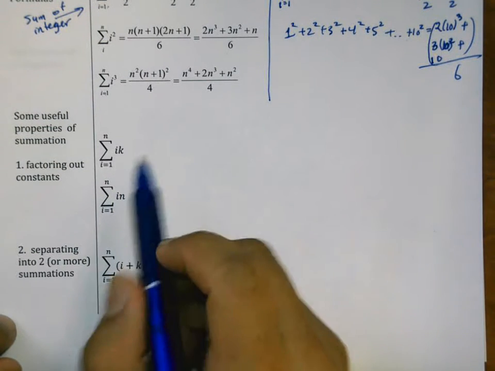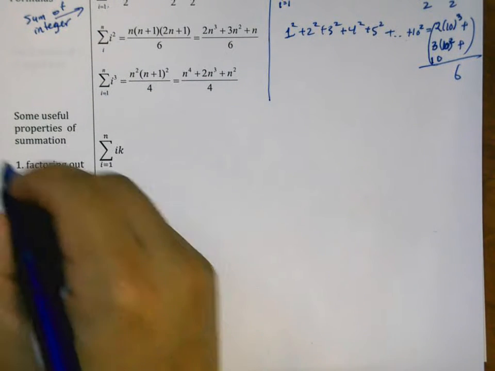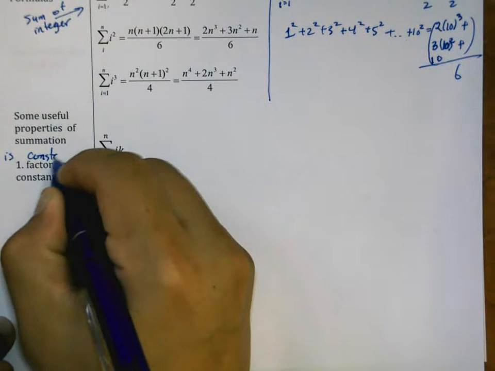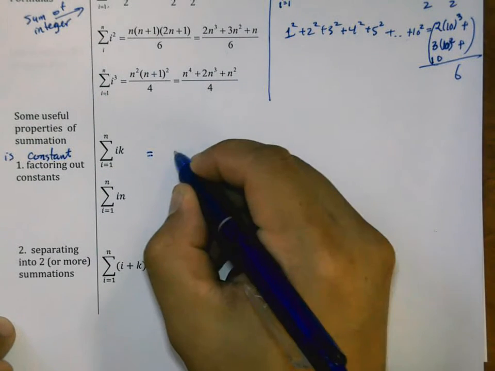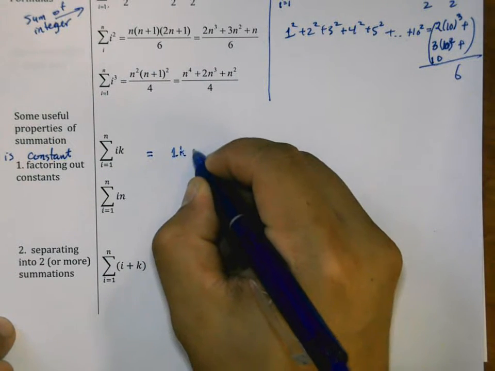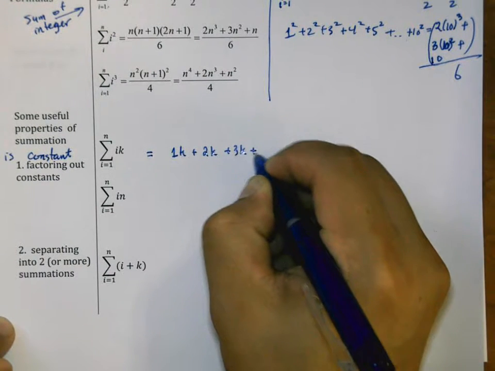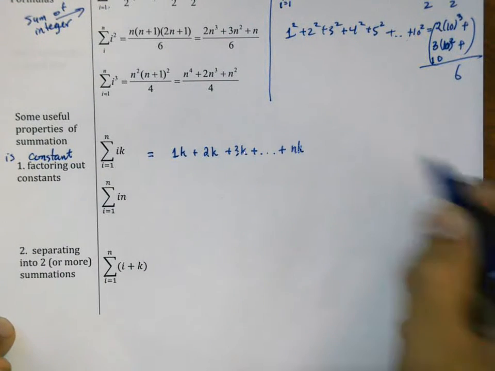So here we have a summation of i times k, where k is a constant. If we were to expand this, this would be like saying 1k plus 2k plus 3k all the way up to nk.